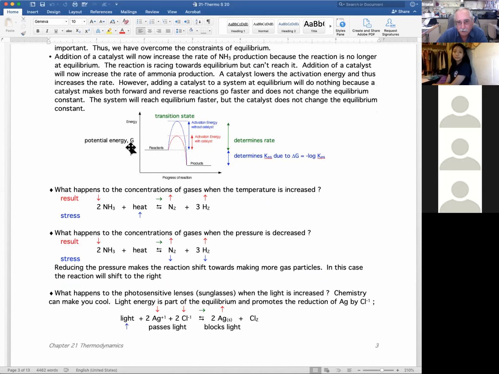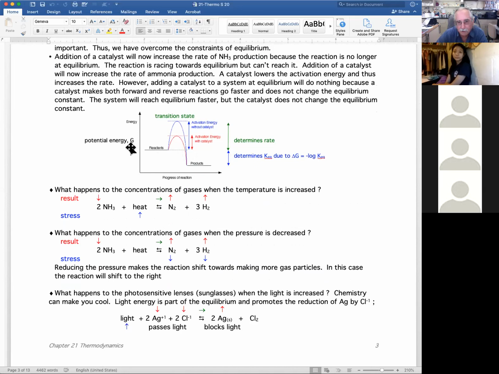You don't need to know that exact equation, but what it means is that the difference in energy between reactants and products is what determines the equilibrium constant. That's the reason why it's a constant, because it's dependent upon what is the reactants and what is the products.